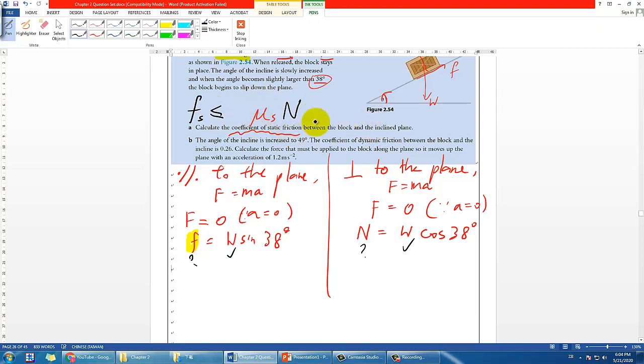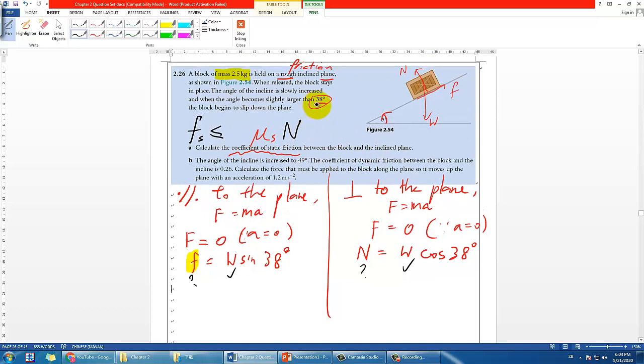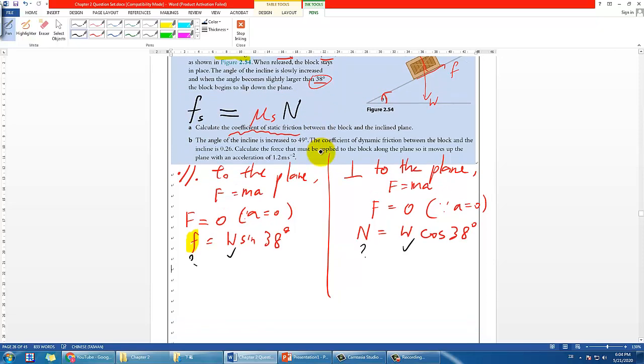Okay, and since it is about to slip, the static friction at this point should be the largest value. It's reaching its maximum value. If you go to a higher angle, then the friction will not be enough. So that's why now the static friction is at a maximum value. So this is the third equation you need, and this will be very helpful.